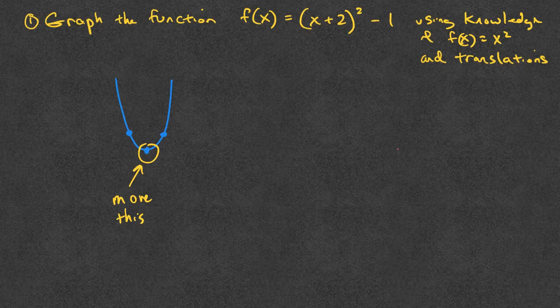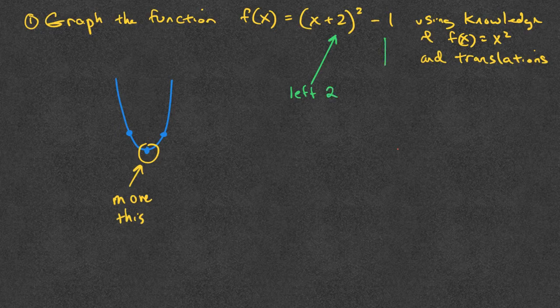The way that you move it depends on the function that they give you. And here you're going to do the opposite. This is a left-right movement inside the parentheses. You're going to go left. Even though it's plus 2, and you would normally think you're moving to the right 2, here you're going to move left 2.